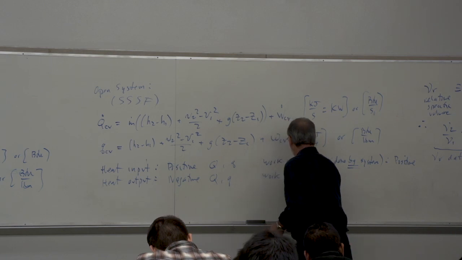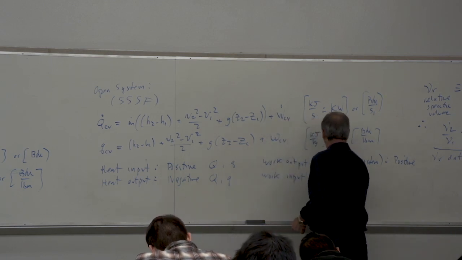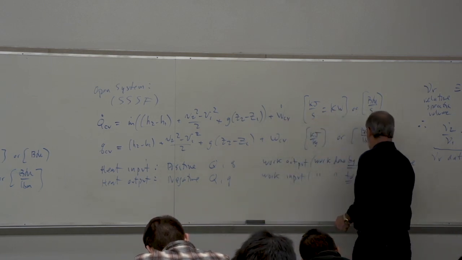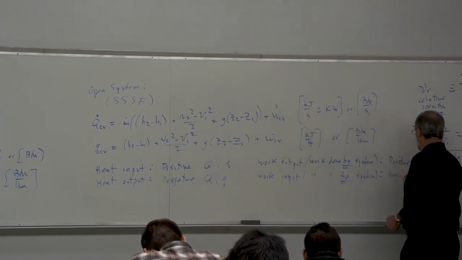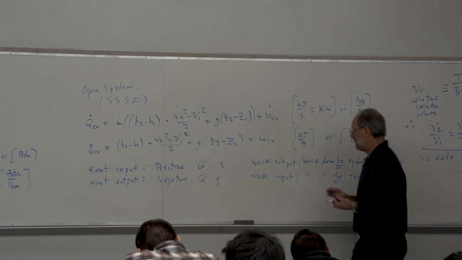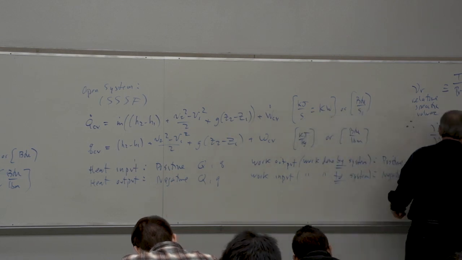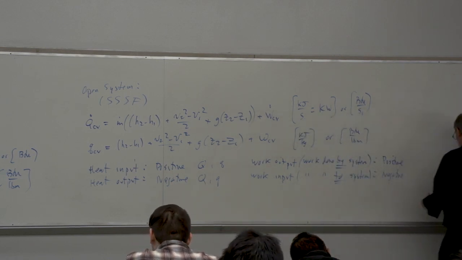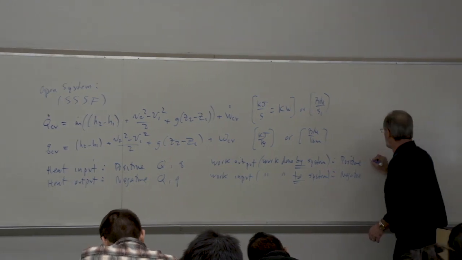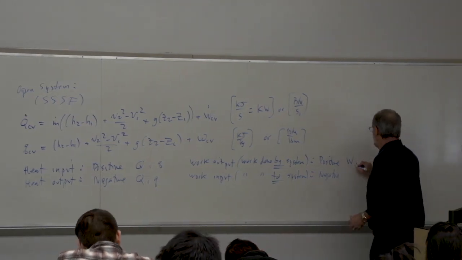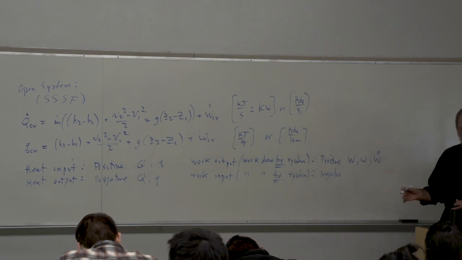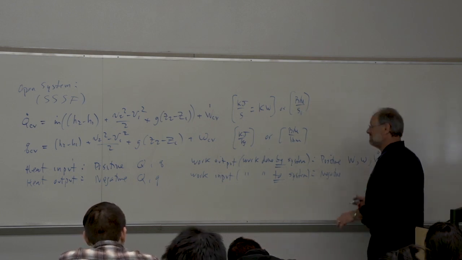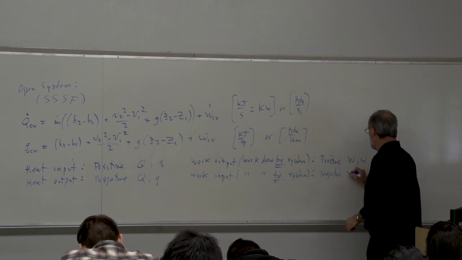Work input, or if you will, work done to the system, this is going to be a negative value. So again, positive work, and this would also apply to work per unit mass. It would also apply to the rate of doing work, that is power. So just so you're aware of that.